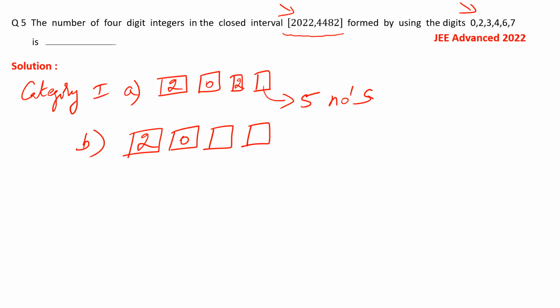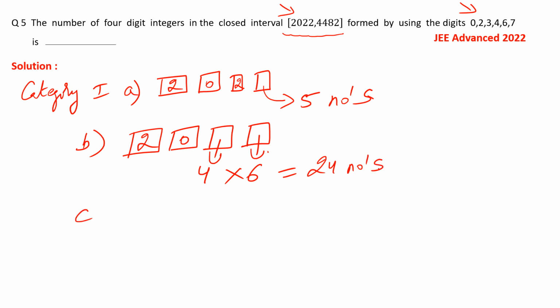So that means this particular box can be filled in 4 ways. And this particular last digit can be filled in 6 ways. I can place any digit over here. I can fill it with 0, 2, 3, 4, 6 or 7. That's my choice. Now by using fundamental principle of counting, we'll be getting how many such numbers? There will be 24 such numbers.